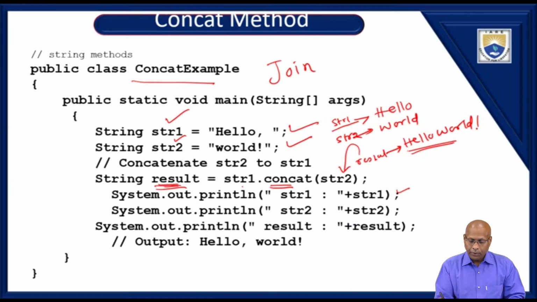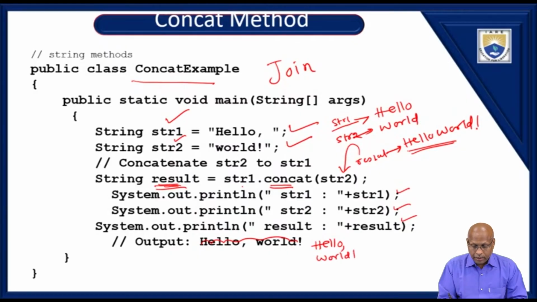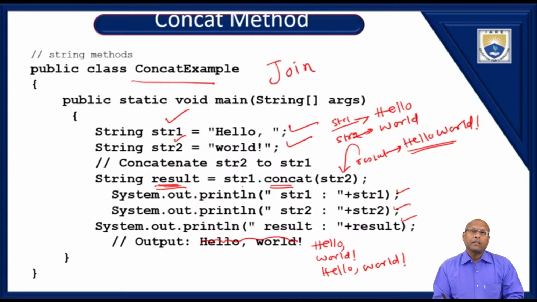Now str1, str2 and result will be printed. So the output will be: the first one is "Hello," the second one is "World!" and the third one is "Hello, World!" So that means it is concatenating, it is joining.